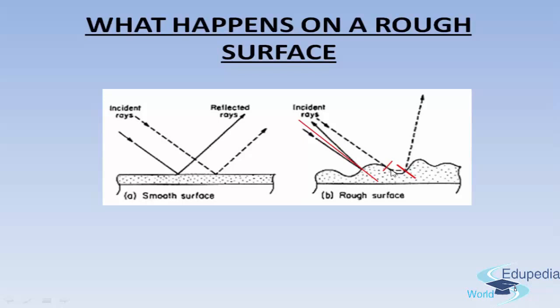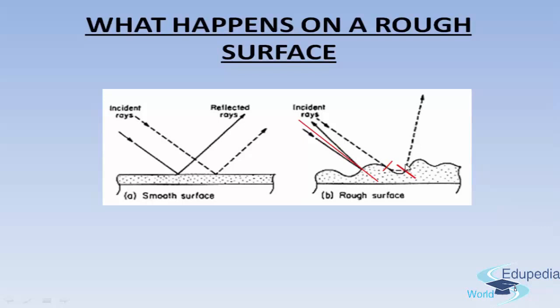Again, this reflected ray is again incident on this point on the surface. So now this becomes an incident ray. Again, if I draw a normal at this point on the surface, then the angle of incidence, between this incident ray and this normal, will be equal to the angle of reflection, between this reflected ray and the normal.